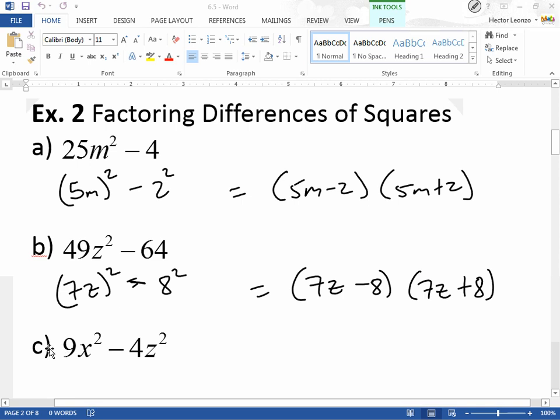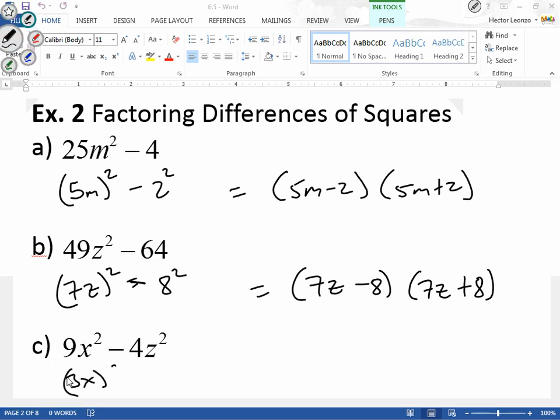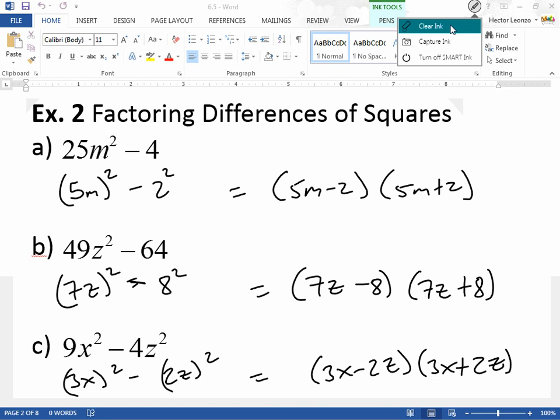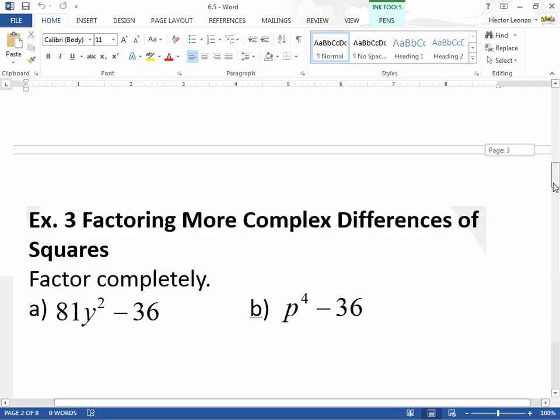Now looking at my example C, the first term I can write this as 3x all squared minus 2z all squared. I have the difference of the squares, so my factoring of this will be 3x minus 2z and 3x plus 2z. So that's what we call the difference of the squares.